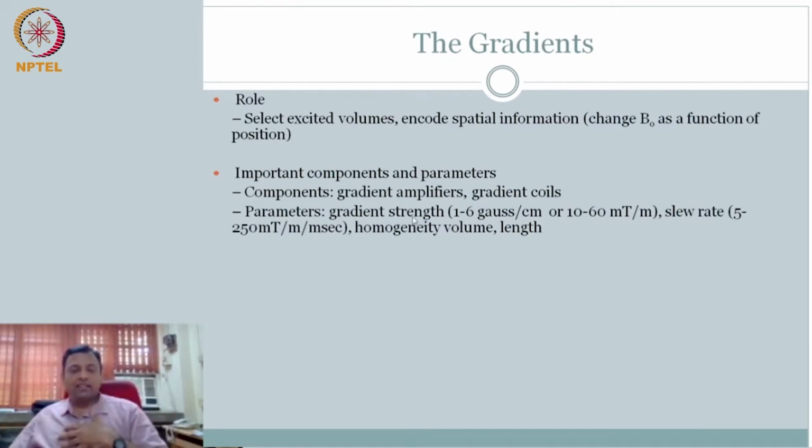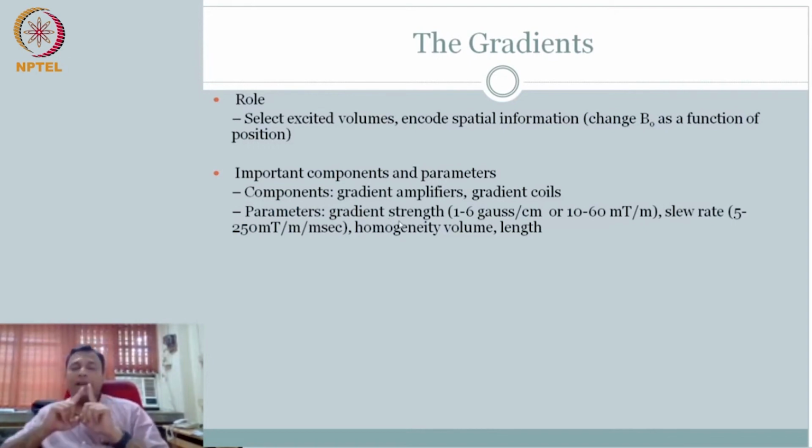Here, what we are changing is the field strength, so the parameter is gradient strength. Its units have to be magnetic field strength, either Gauss or Tesla. It is 1 to 6 Gauss or 10 to 60 millitesla, but change over length, so either per centimeter or in SI per meter.